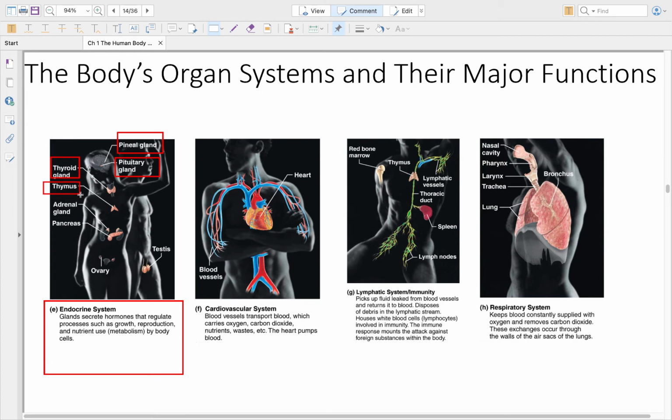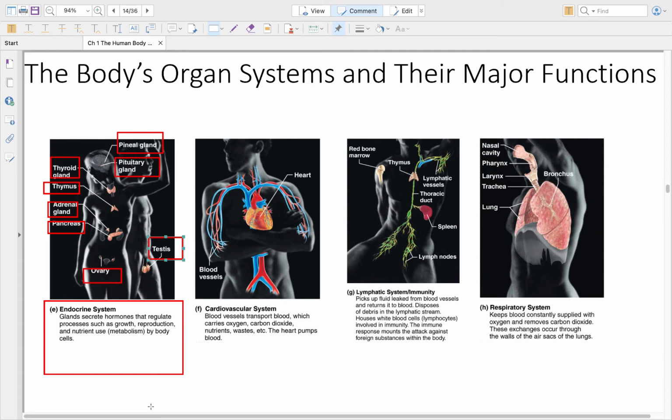You have your thymus gland in the chest. You have the adrenal glands that sit right on top of your kidneys, one on top of each kidney, and then you have your pancreas. Your pancreas has a huge job. And then women have their ovaries and men have the testes.